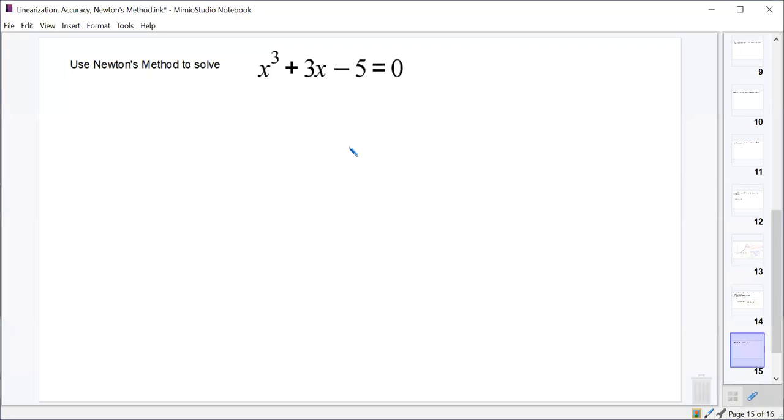Well, one way we could do it is to use the intermediate value theorem. We know this function is continuous, right? And so if we can find a value where this is negative and a value where this is positive, that should do it.